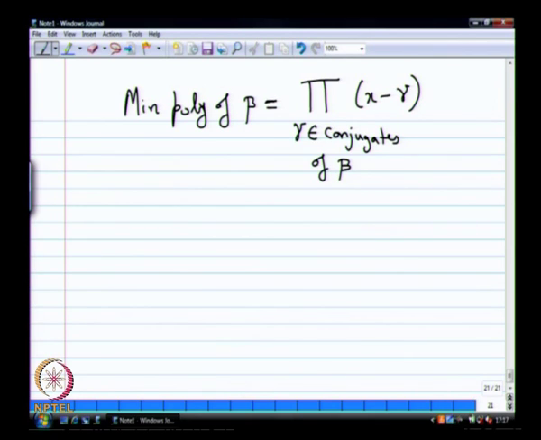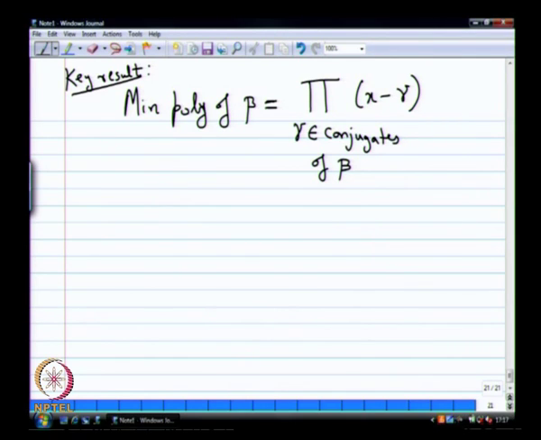So this is a key result, which needs proof. I will prove it sometime in the next lecture. I will give you a very simple high level overview kind of proof. There are also very rigorous ways of showing it.